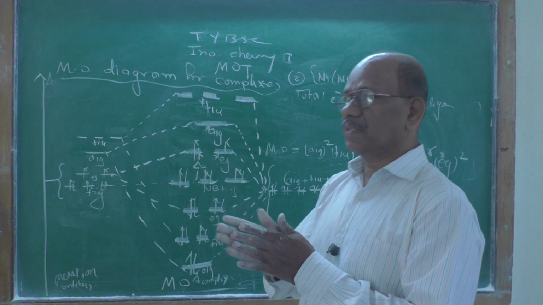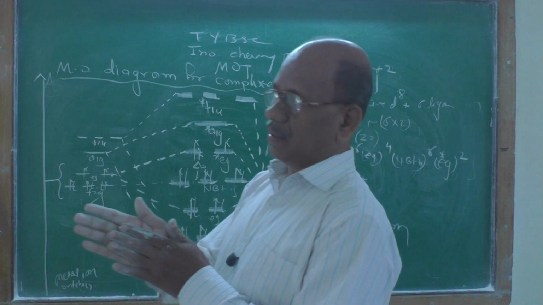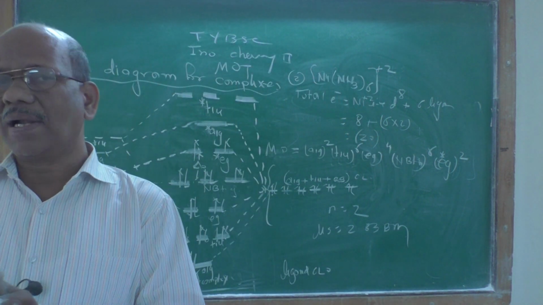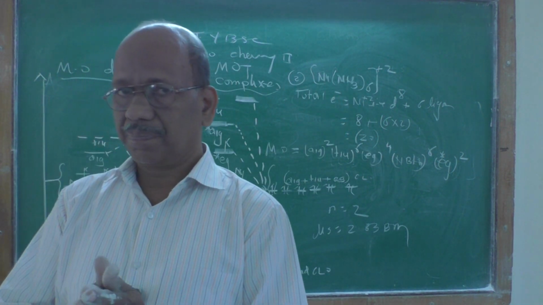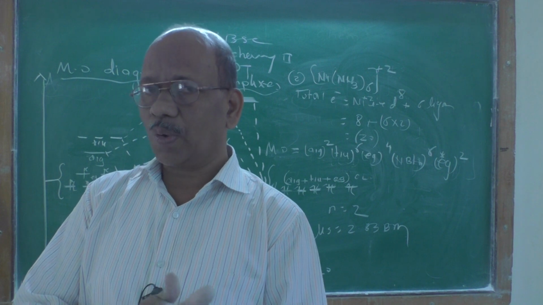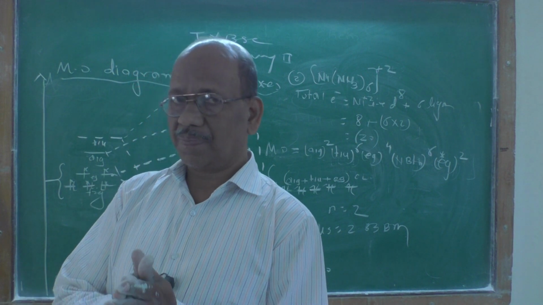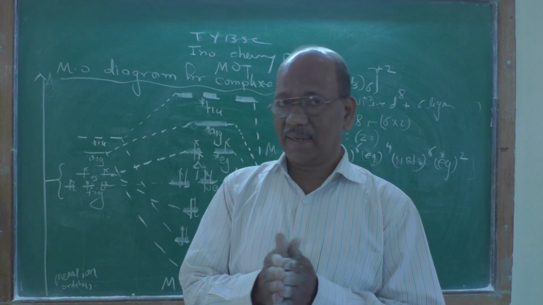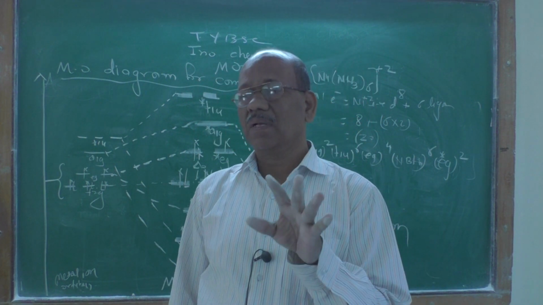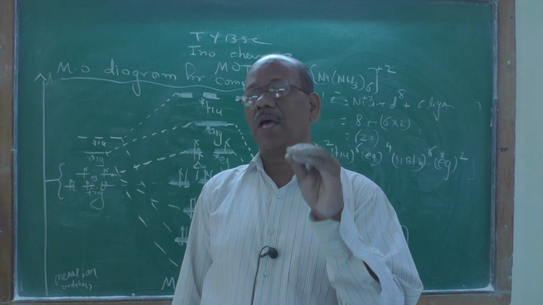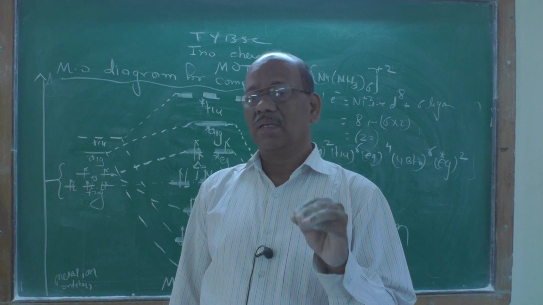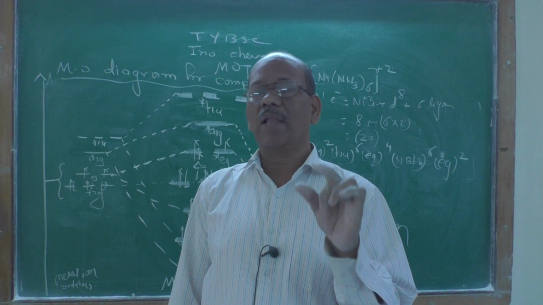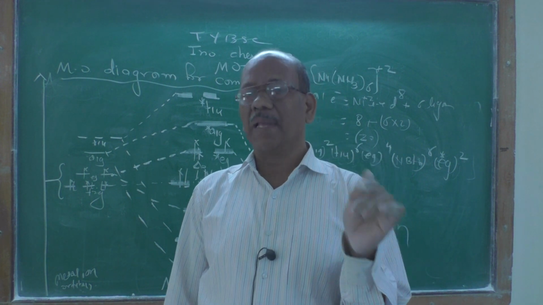Two more examples are there: hexafluorocobaltate(III) and hexacyanocobaltate(III). One has a fluoride ligand, another a cyanide ligand. In CFT we have already studied that the 10 Dq value depends upon the nature of the ligand.